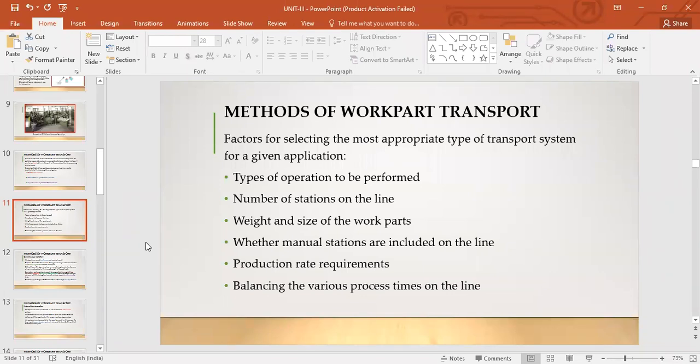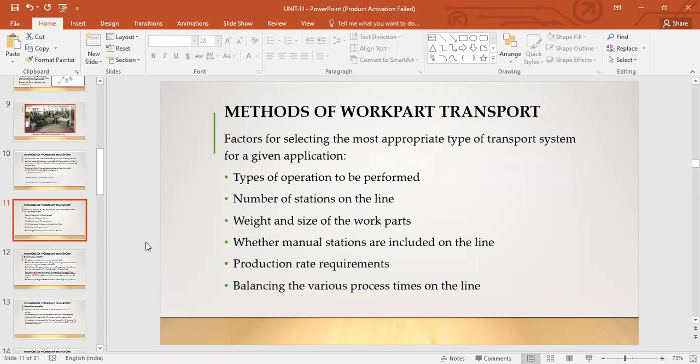So manual stations, if they are included, then that also has to be considered, because we do include manual workstations, right? We saw in the earlier classes that manual stations can be incorporated also in the automated flow lines as and when required, because the operation that is being performed cannot be handled by an automated machine.